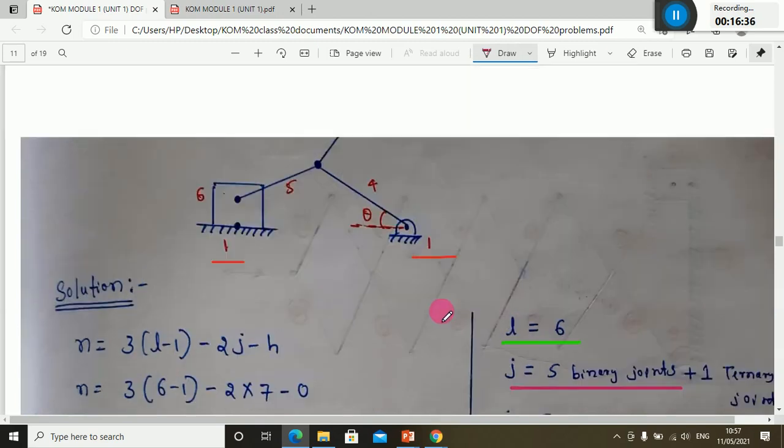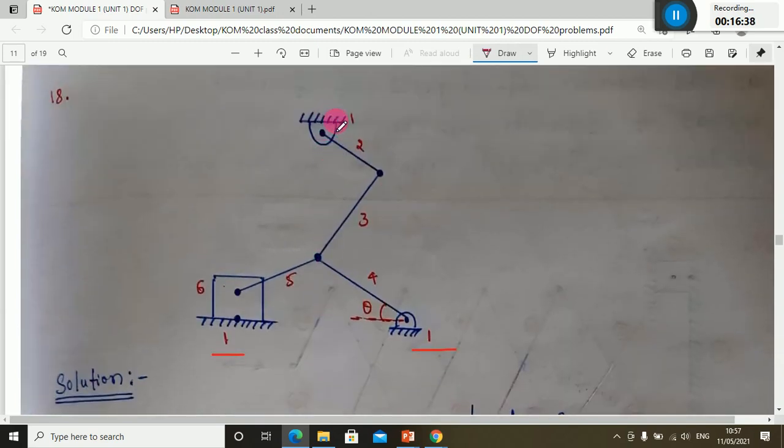I'll start from this: between first link and second link there is one binary joint. Between second and third there is one binary. Between first and fourth there is one more binary. Then between fifth and sixth there is one more binary. Correct.